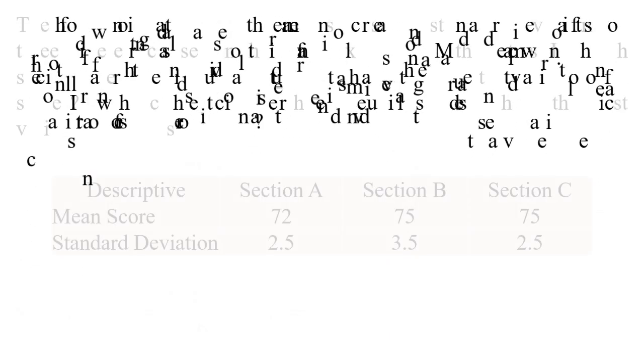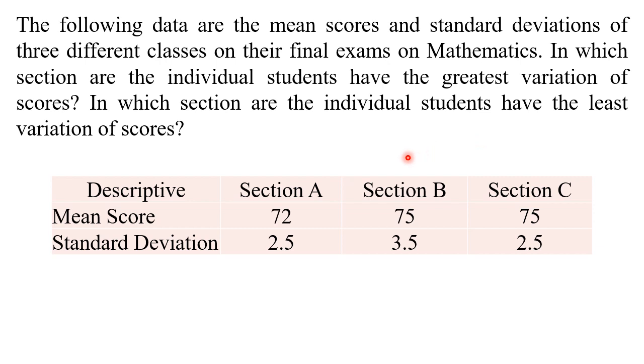Now, another example of the use of the coefficient of variation, class, is the following. The data are the mean scores and standard deviations of three different classes or sections about their final exams in mathematics. In which sections do the individual students have the greatest variations of scores?